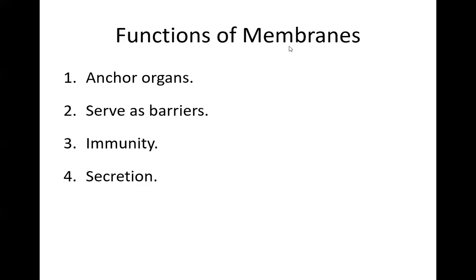And the membranes are obviously an important part of the glands because the glands secrete their substance either into the blood, being endocrine glands, or into a duct, being exocrine glands, through the membranes.